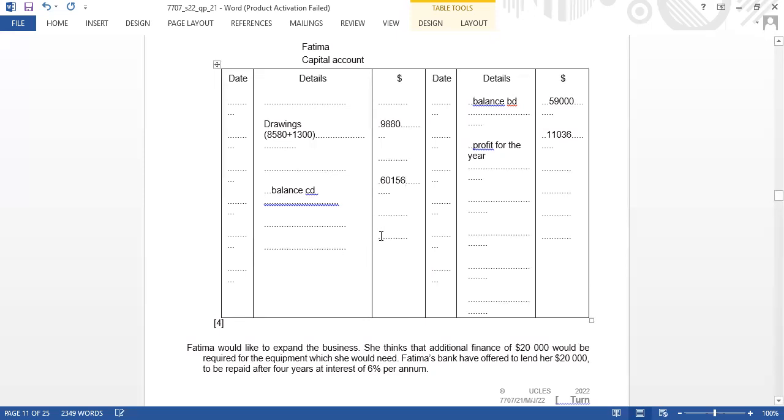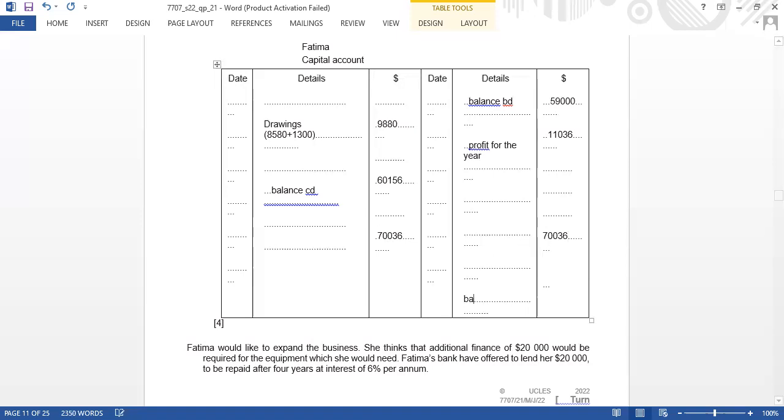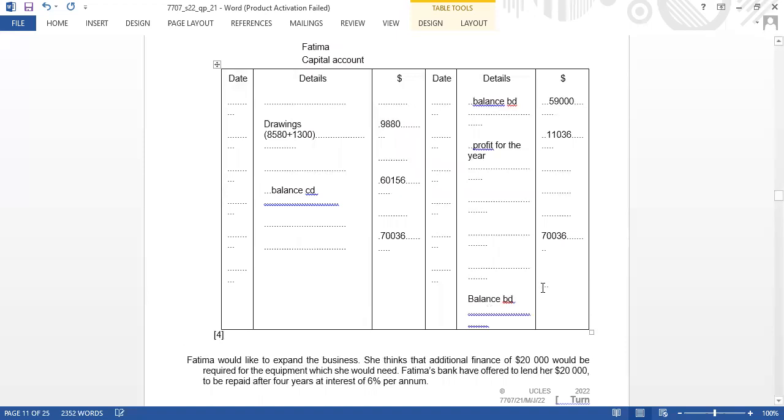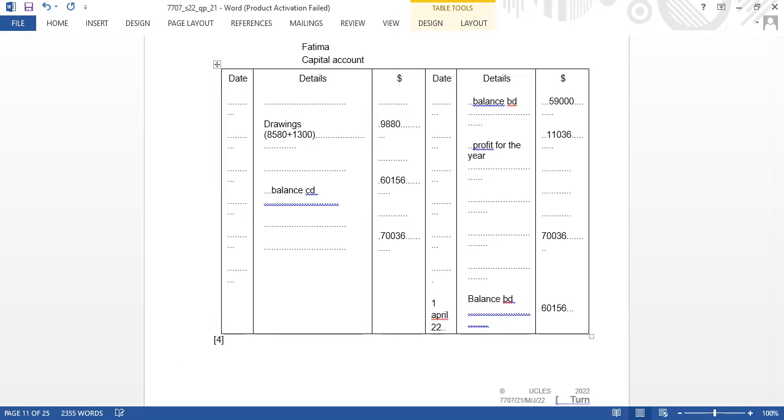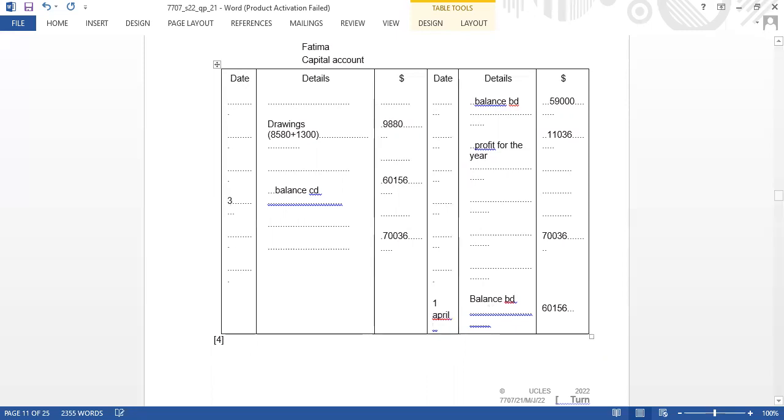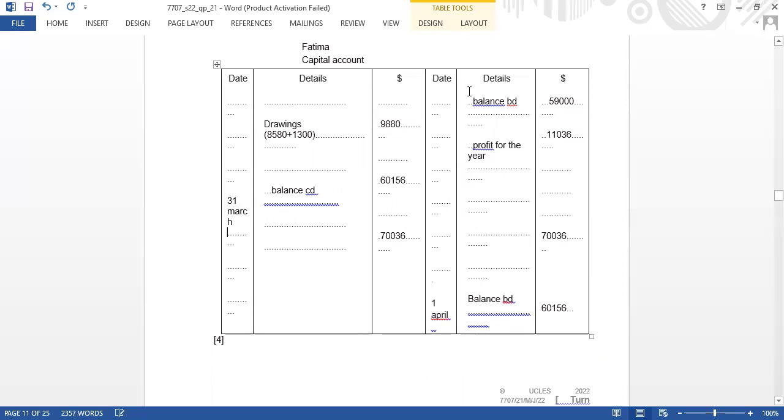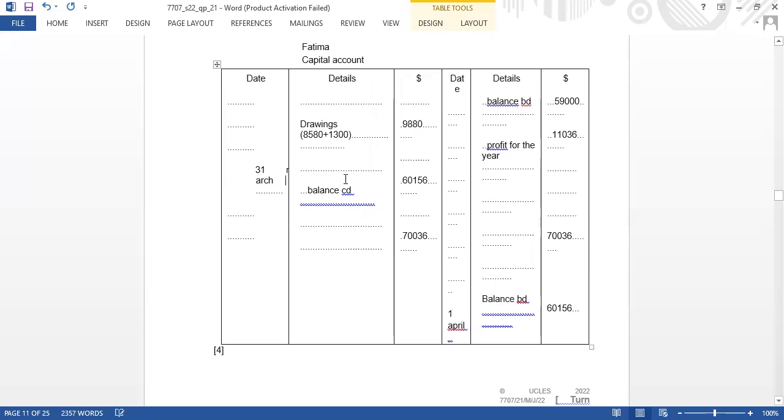So the total would be 70,036. So the balance b/d would be, okay.